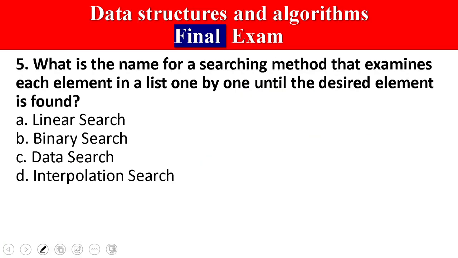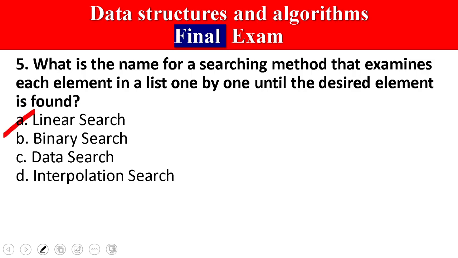The fifth: what is the name for the search method that examines each element in a list one by one until the desired element is found? Linear search, binary search, data search, interpolation search. Linear search is the correct answer.